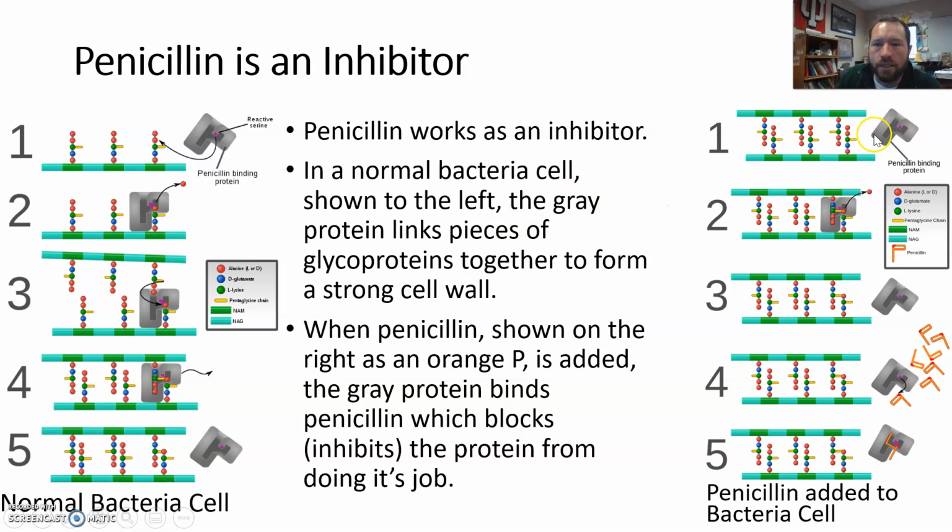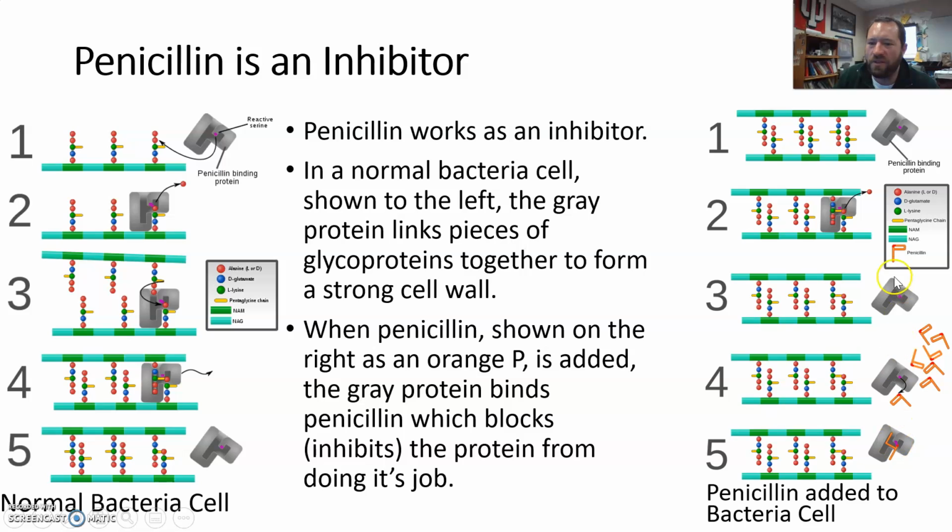On the right, we see the same process starting. There's that gray protein, it's starting to link together pieces of the wall, but the drug penicillin, represented by the orange peas over here, is an inhibitor. The penicillin is going to bind with that protein, which prevents it from binding with the amino acids and building that bridge between the wall.